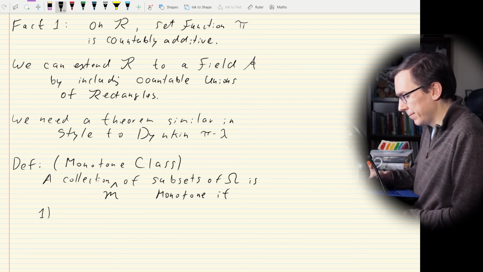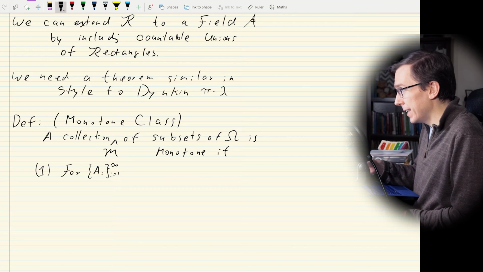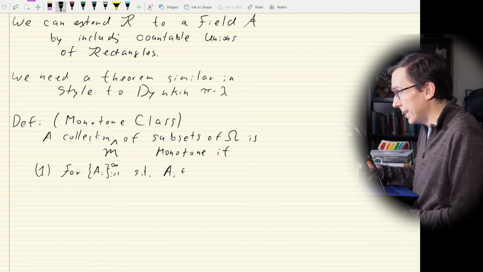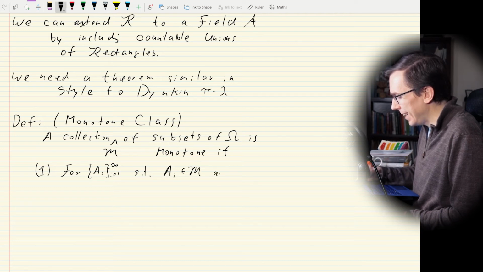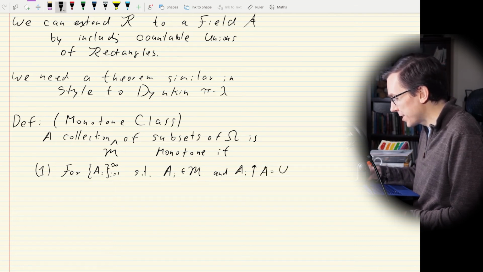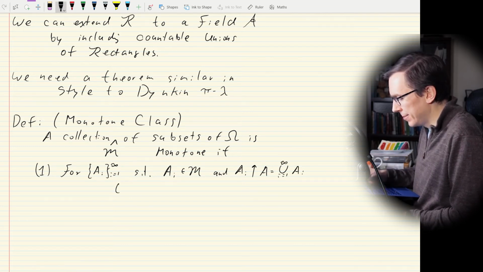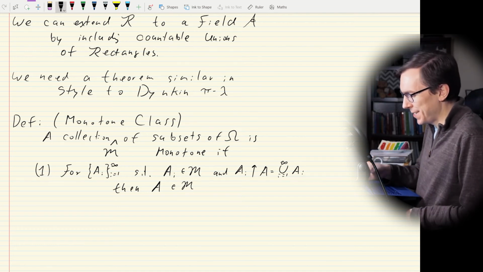If one, for A_i, i from 1 to infinity, such that A_i is in M, and the A_i increase to some set A, which is the union of all of these things, then A is in M. So it's closed under increasing sequences of sets.